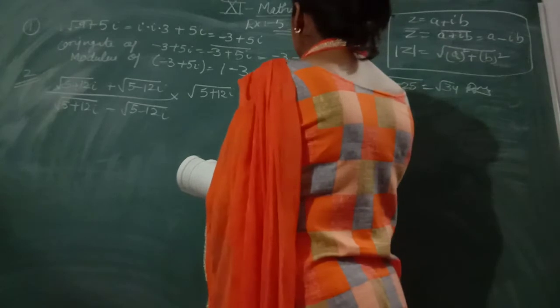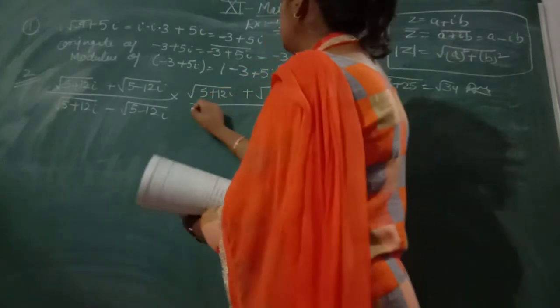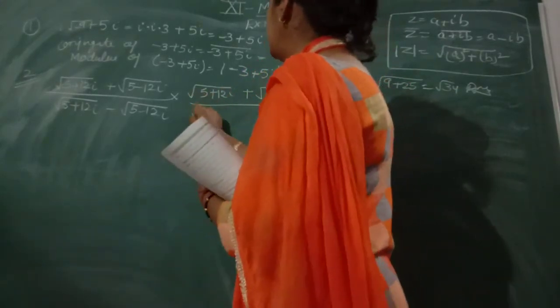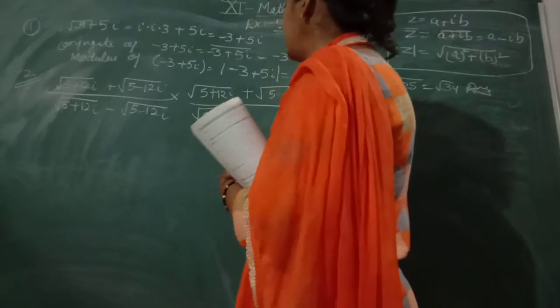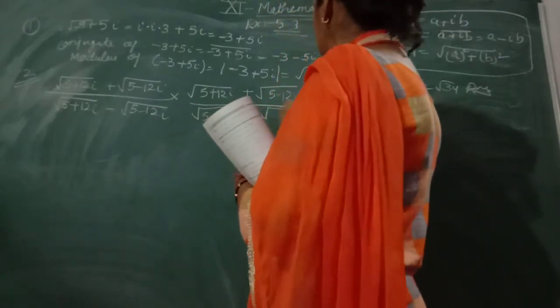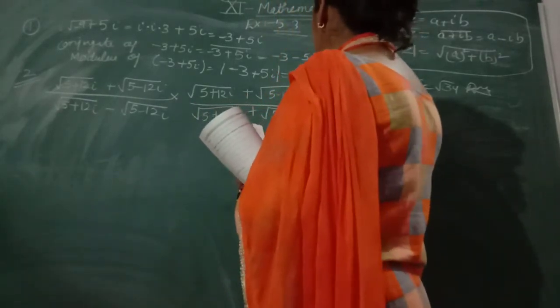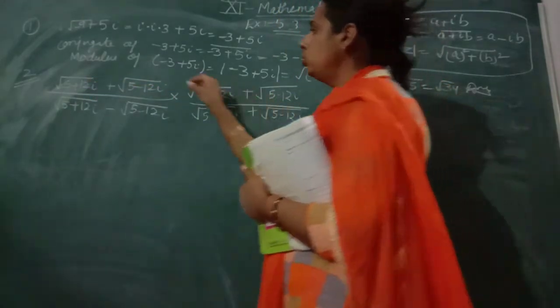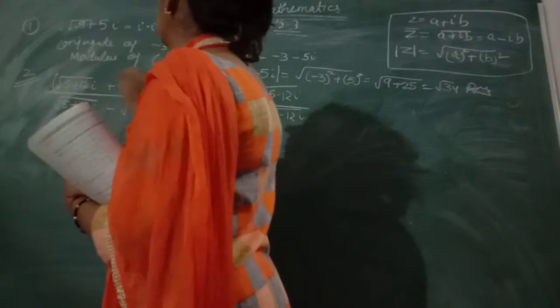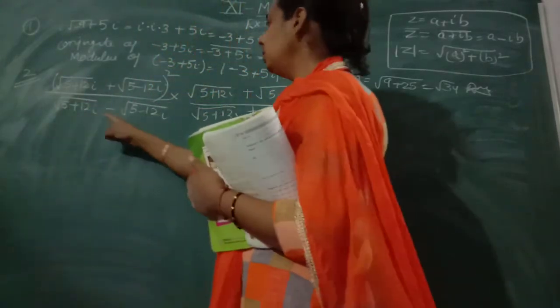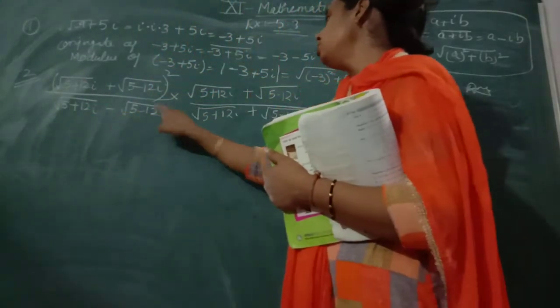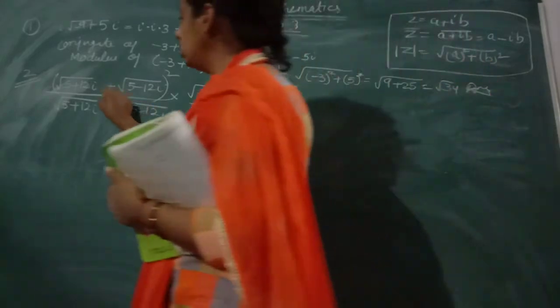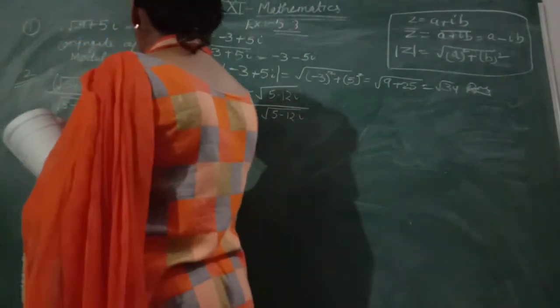Same thing in the numerator, and in the denominator the same thing is there, that is root of 5 plus 12 iota plus root of 5 minus 12 iota. As you can see, both the terms are the same, so you can write it as the whole square of this. And in the denominator there is a minus b into a plus b, so the whole square of the first one and the whole square of the second one.